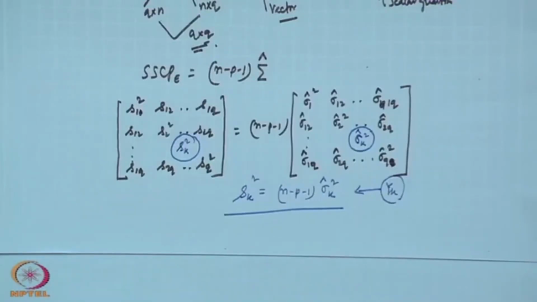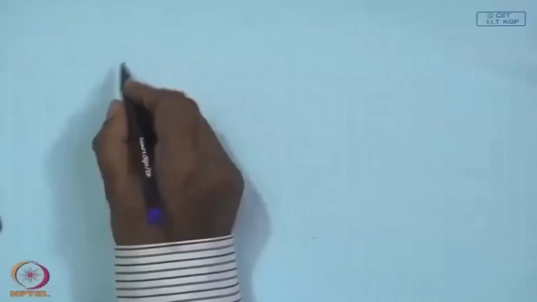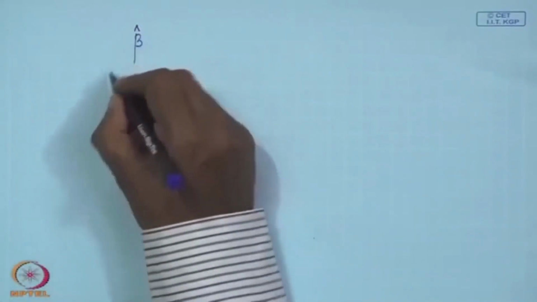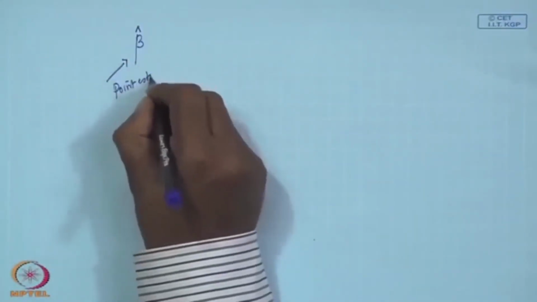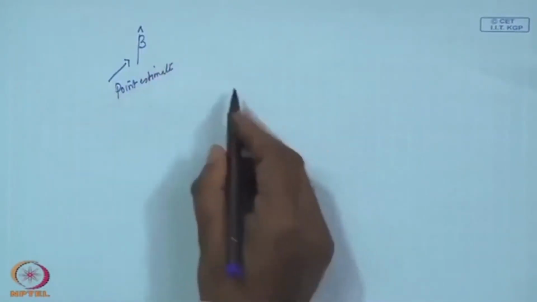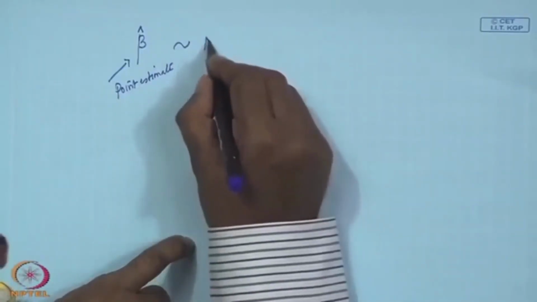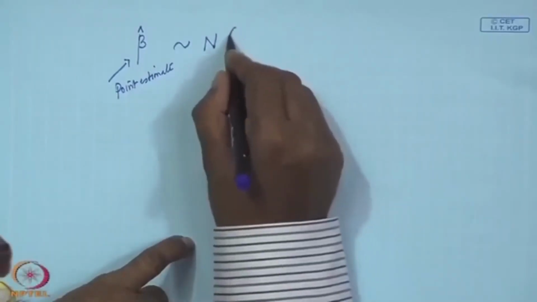Okay. Now, what do you require? You know what is given to you now: that beta cap, this is my point estimate, it is known, and I know that this also follows a normal distribution.